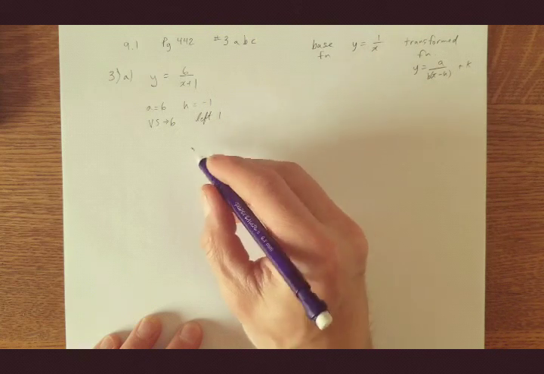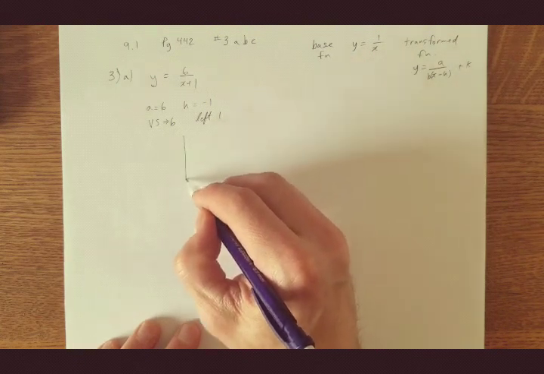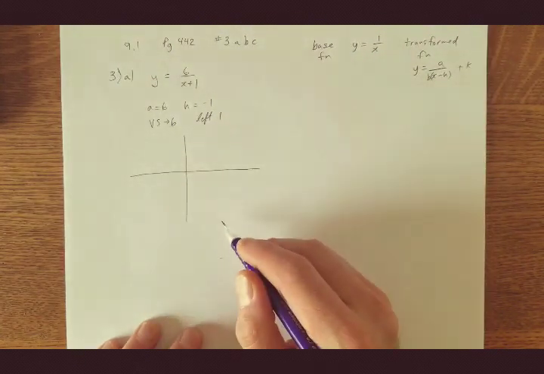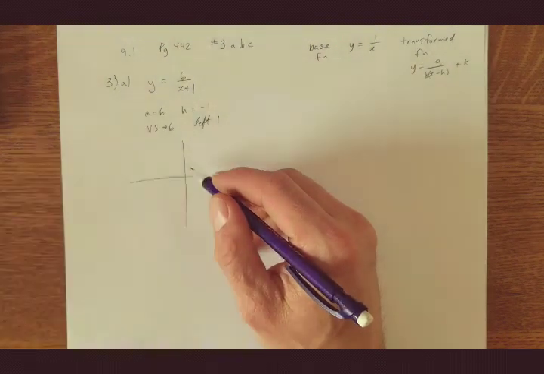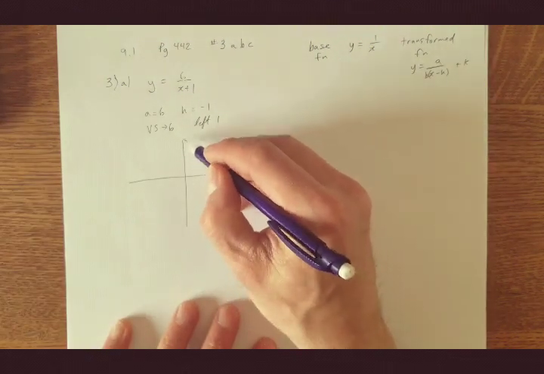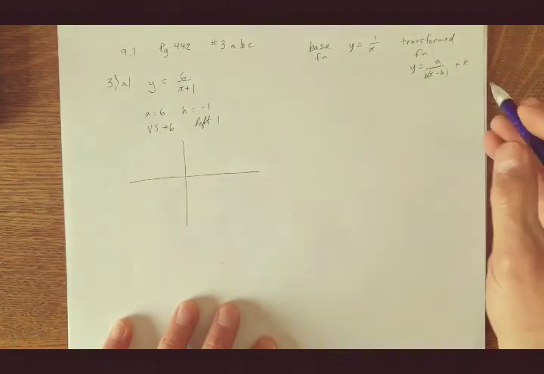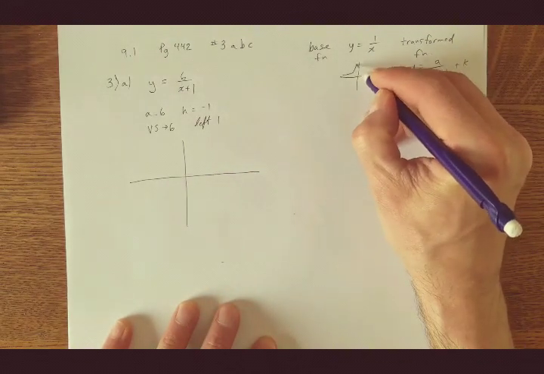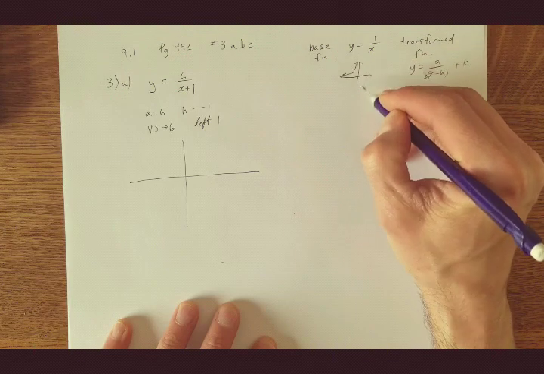So now this is going to take my original graph, which had a vertical asymptote right here, right? Because my base function is like this and like that.